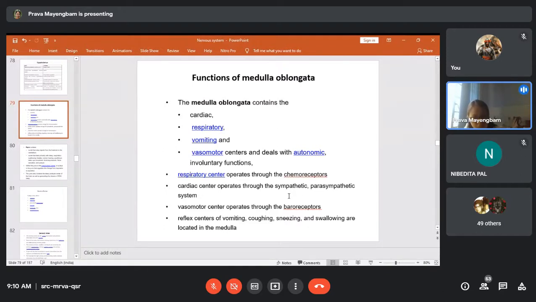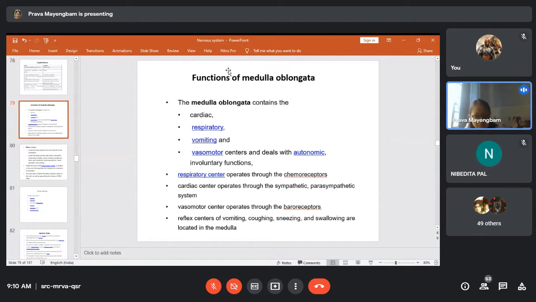When we discussed the cardiac cycle, how it is regulated, it is through the sympathetic nervous system, which increases the rate of heart contraction, the cardiac output and the BP. And it is the parasympathetic system which inhibits the sympathetic activities.